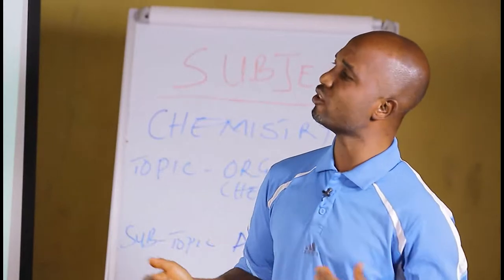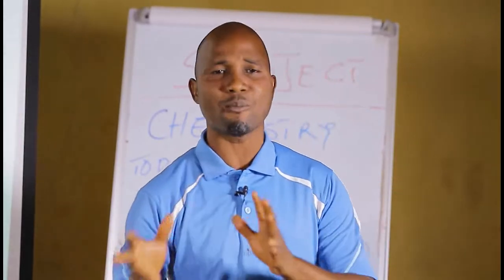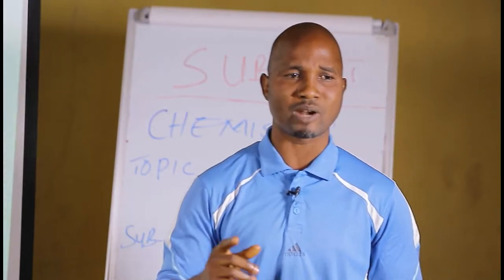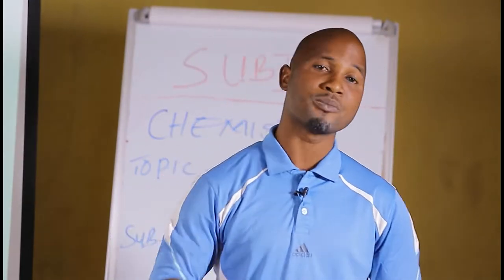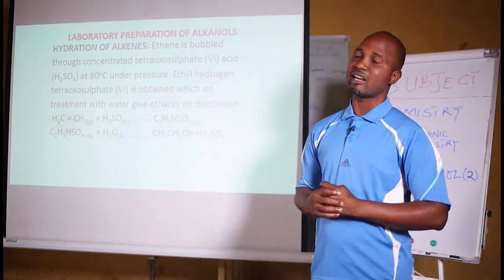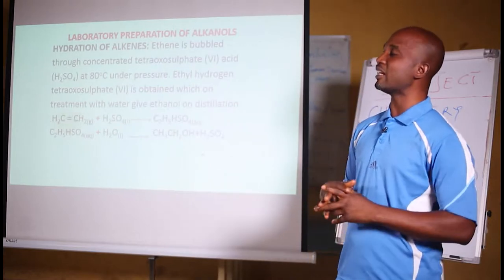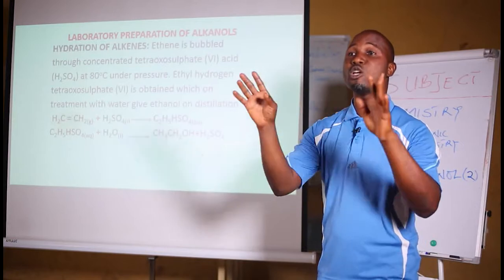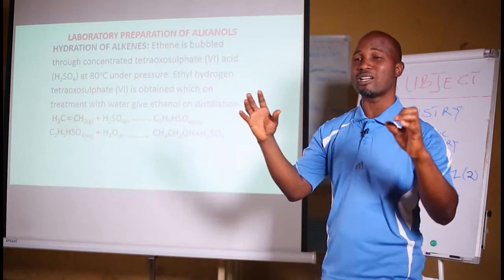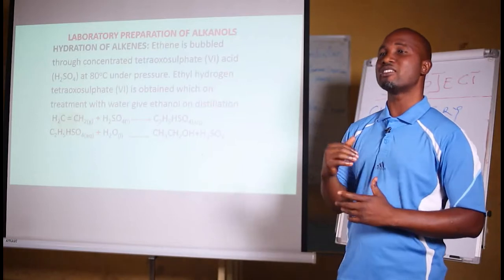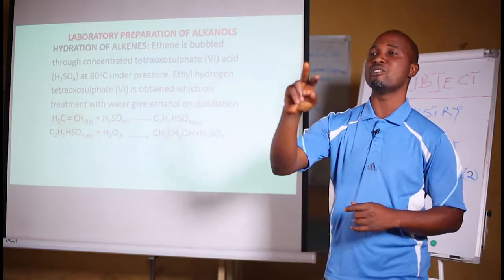Now, we also went ahead to look at the different types of monohydric alkanol. We say monohydric alkanols can be divided into primary, which is first degree alkanol, secondary, which is second degree alkanol, and tertiary alkanols. In the primary alkanols, the carbon atom that is carrying the OH group is attached to only one other alkyl group or one carbon atom. Or in other words, the carbon atom carrying the OH group is attached to two hydrogen atoms.